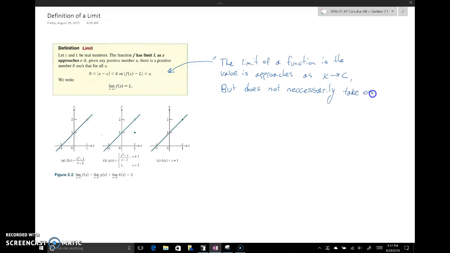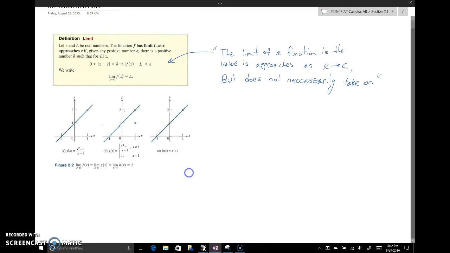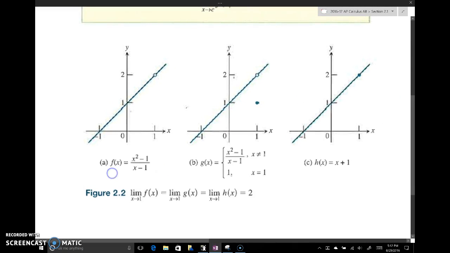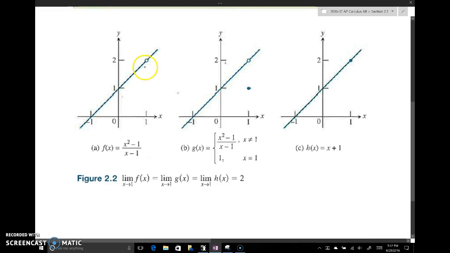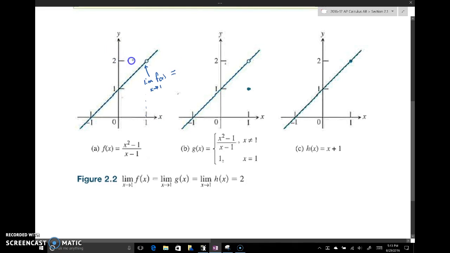Okay. So again, some examples here. Here we would write the limit of f of x as x approaches 1. So as we're getting closer to 1, which is here, the limit is equal to 2. We're getting close to the value 2.